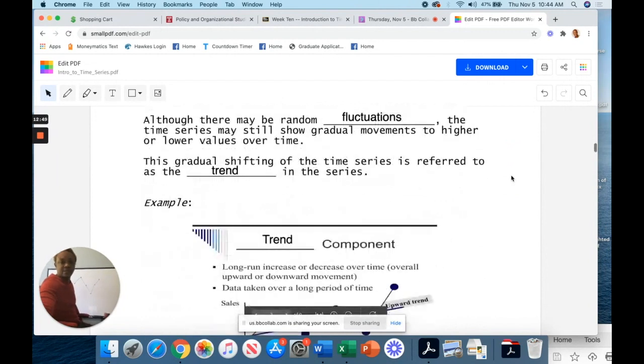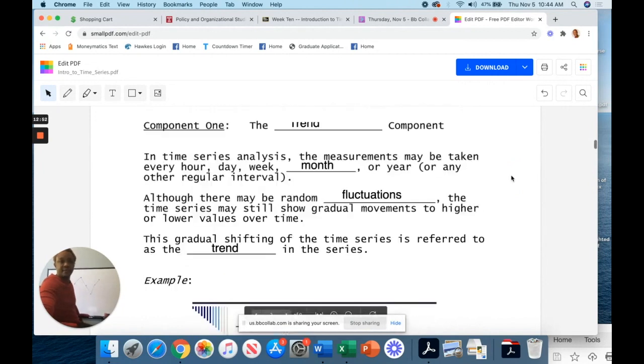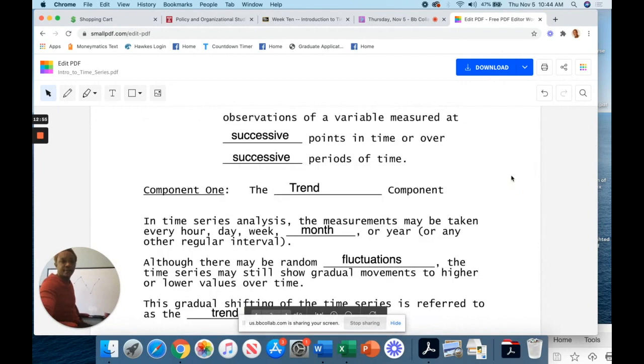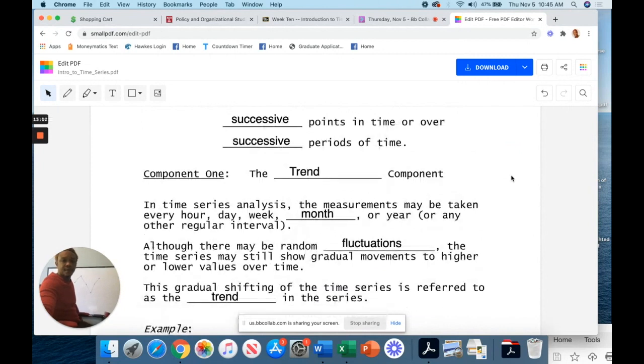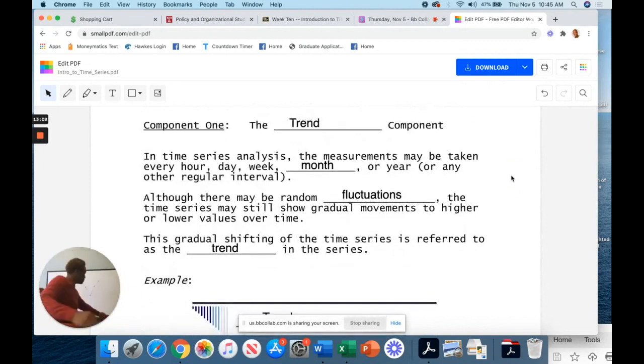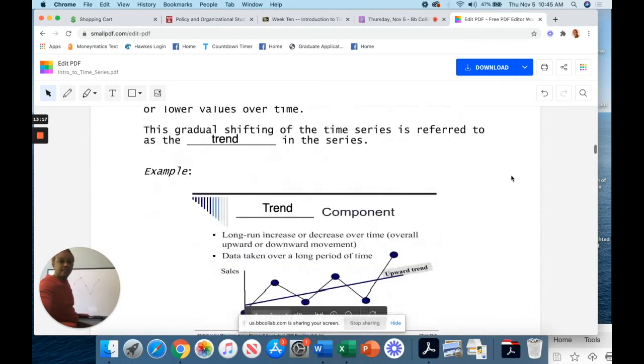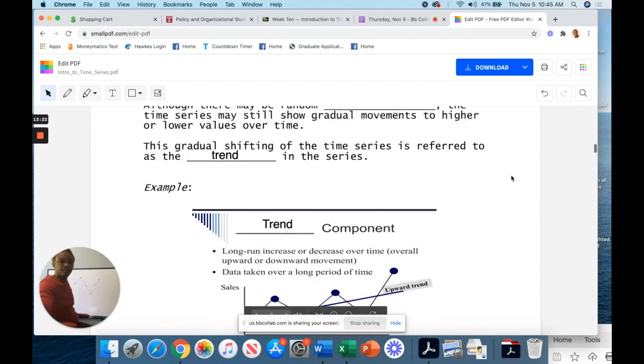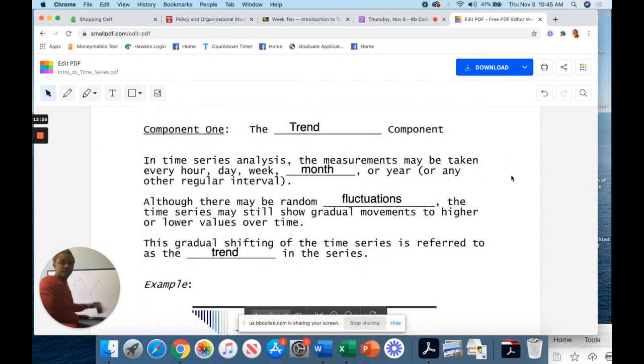That's the month fluctuations trend, and this is trend here. Okay, 1 more minute, and I have to move on. Okay, I'm going to move on.